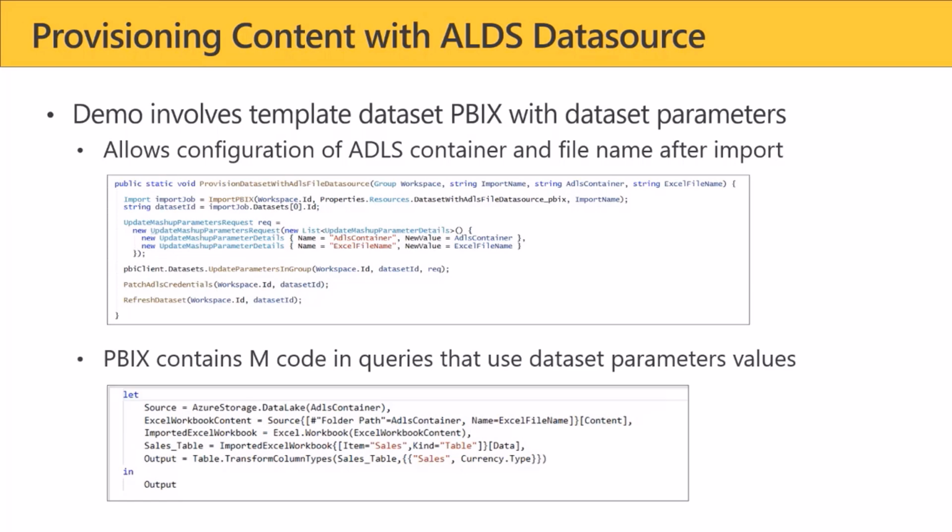Here, there are different connectors that you can use. I think the most current and recommended one is the Azure storage connector that you'll see if you look at the M code, and it's able to bring that data down. There you'll see that there are no hard-coded aspects in the M code. It's just looking at the ADLS container and the Excel file name.